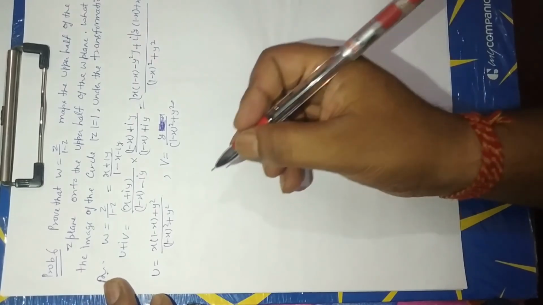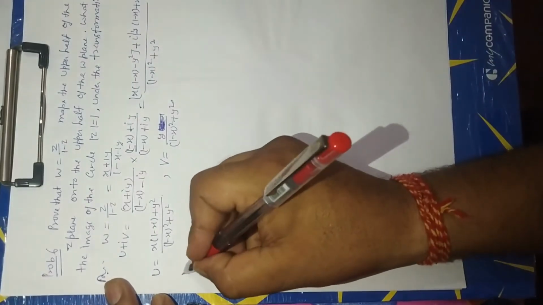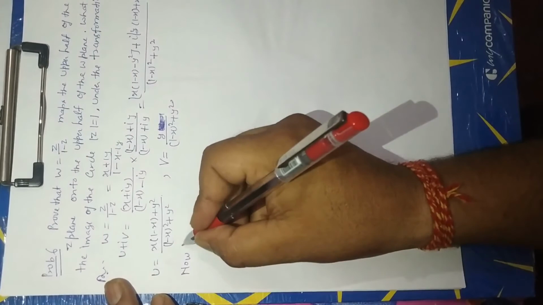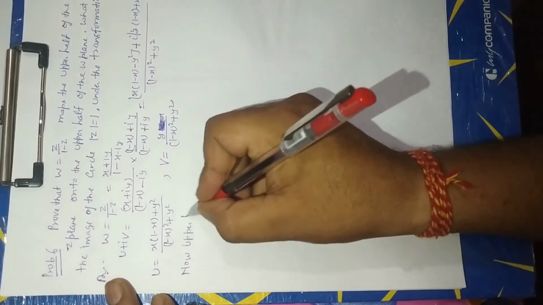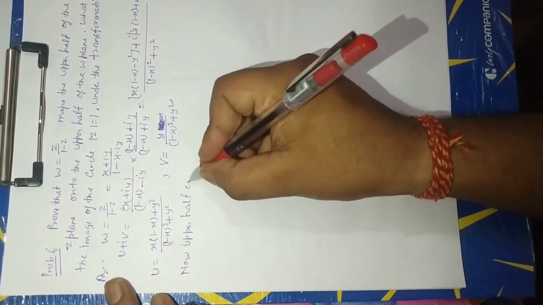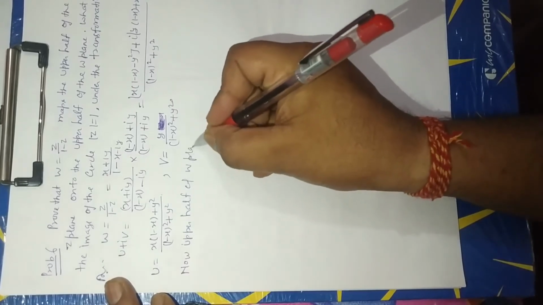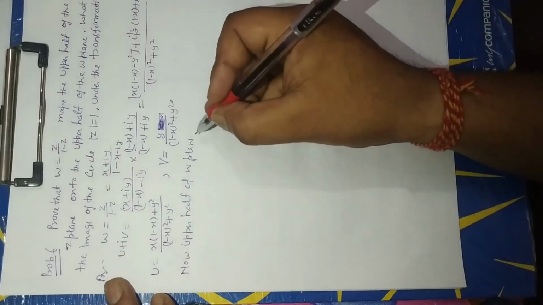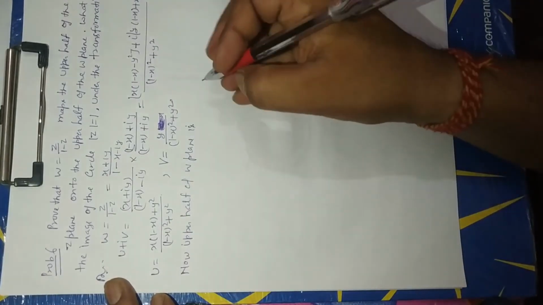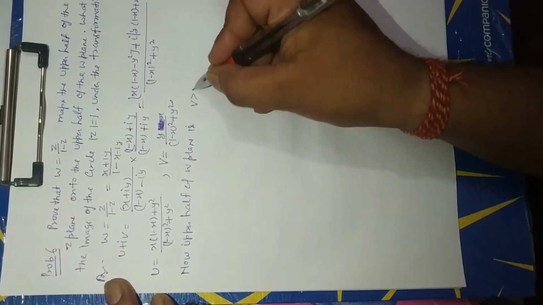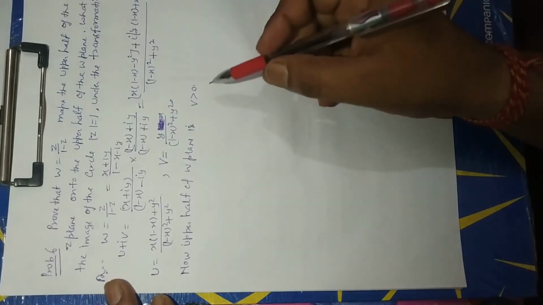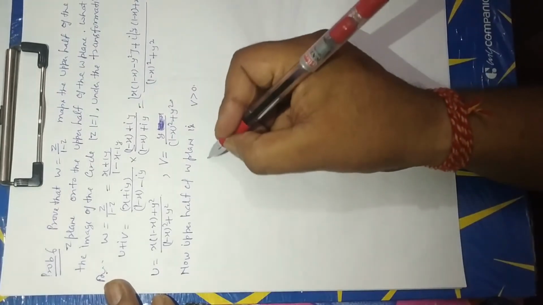Now the upper half of the W plane is v greater than 0.